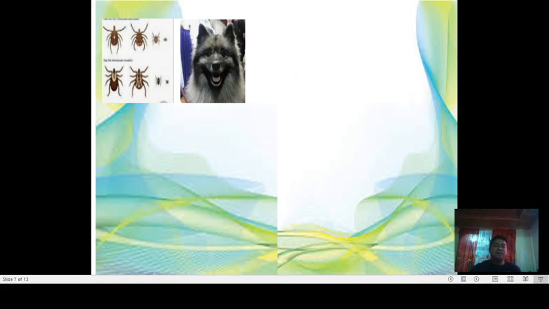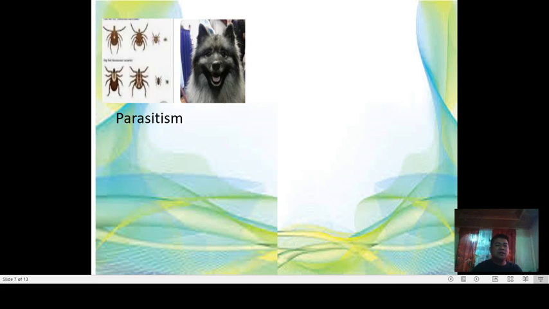Next is the ticks and the dog. What do you think is the relationship of the ticks and the dog? It is parasitism because there is a parasite and the host.